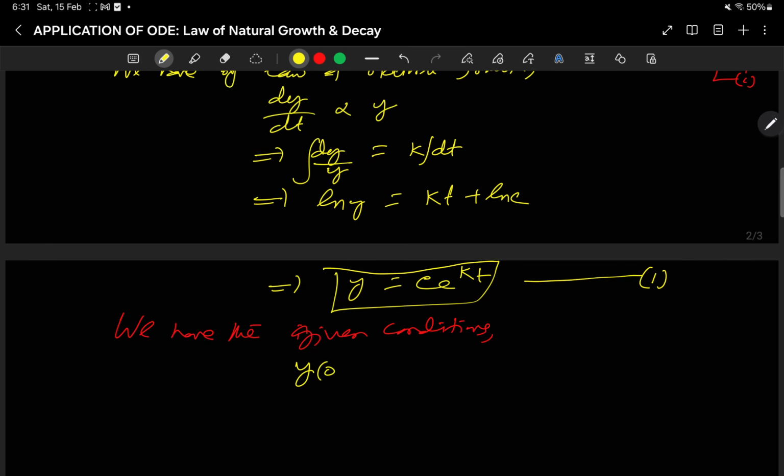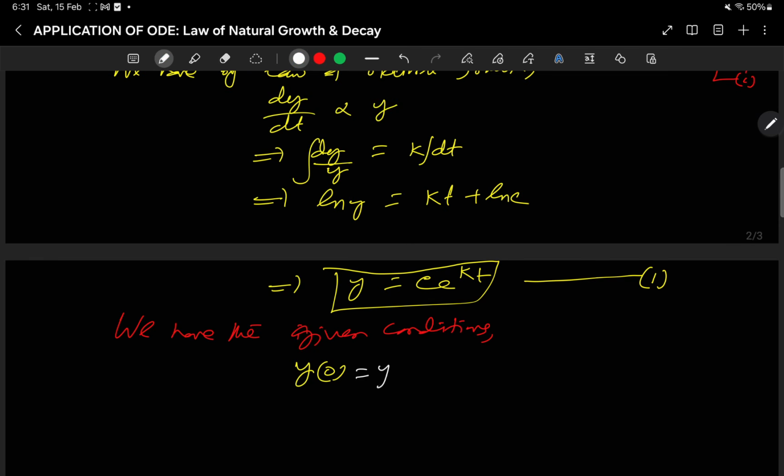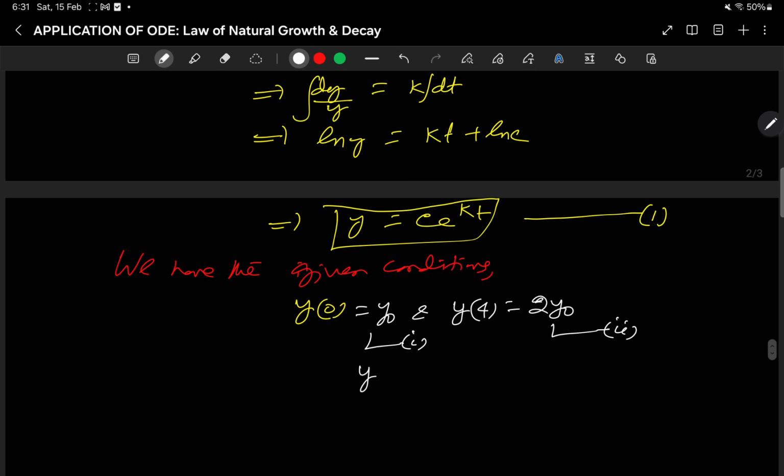Y of 0 is equal to y0 and y of 4 is equal to twice y0. So let it be my condition 1. Let it be my condition 2. What is asked? You are asked to find y of 16 is equal to what? So this is being asked.